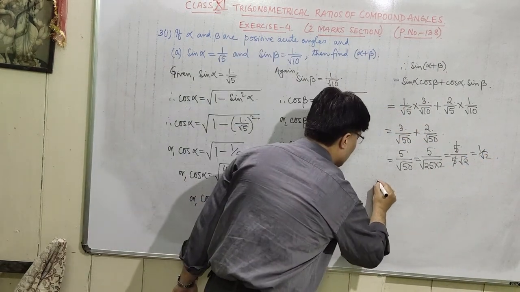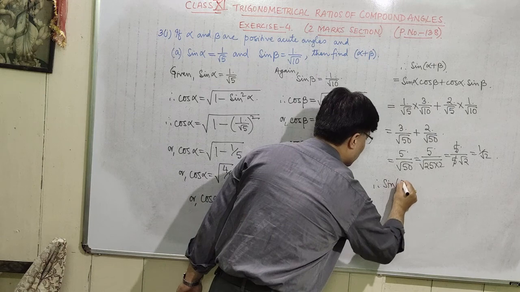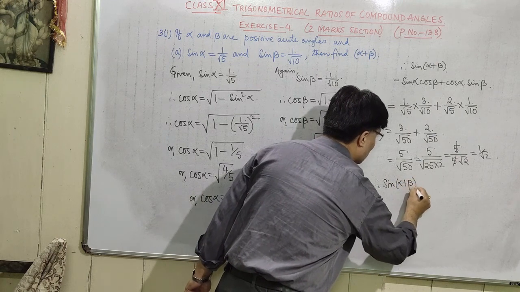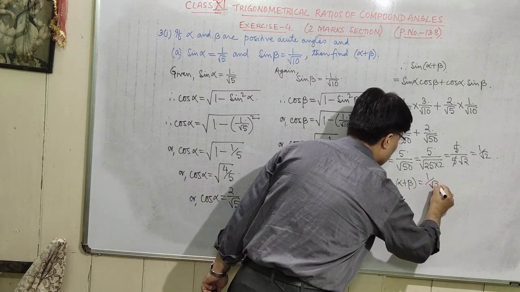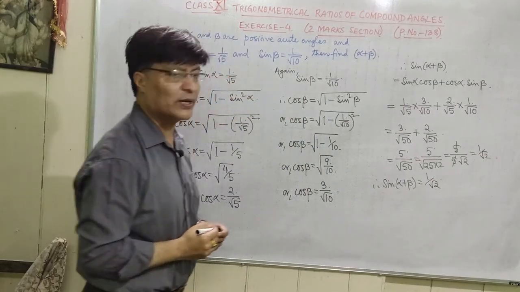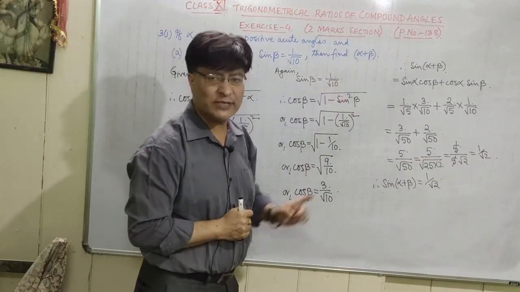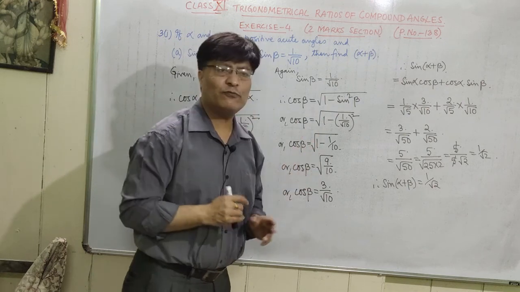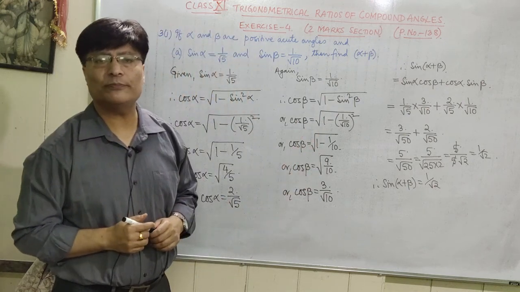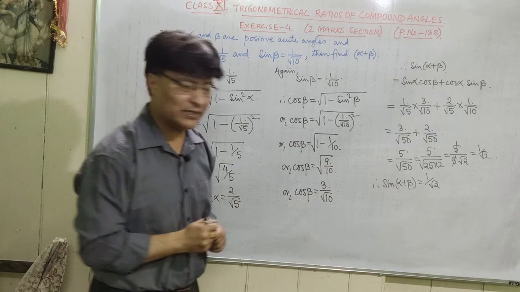So what is the value for sine of alpha plus beta? Sine of alpha plus beta is equal to 1 upon root 2. I think you have understood it, but you have to get only the value for alpha plus beta. Now sine of which angle is 1 by root 2? Sine 45 degrees, isn't it?